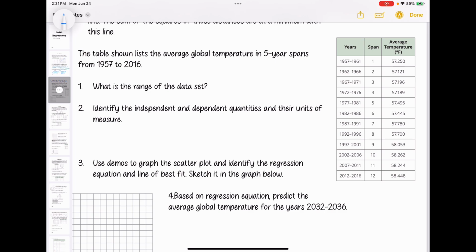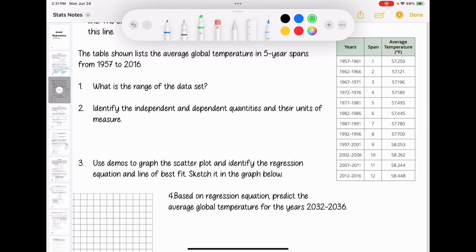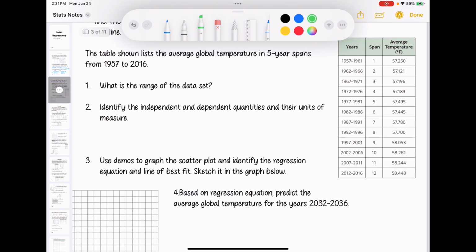To find the range, you're going to take the highest temperature, your biggest y value, which, if we're looking at our y values, this is our y values right here. This is going to be our largest y value.